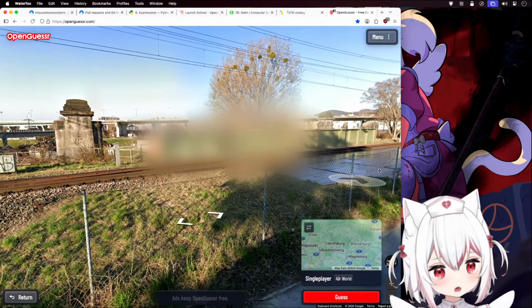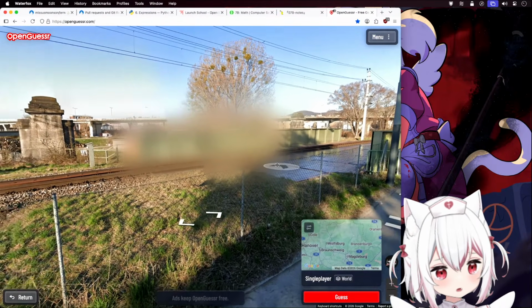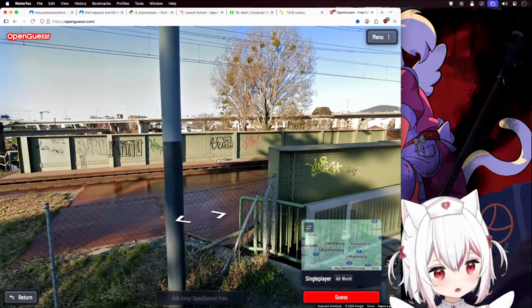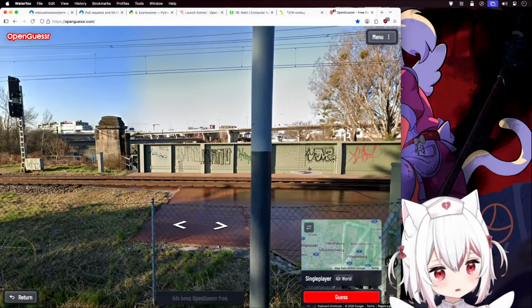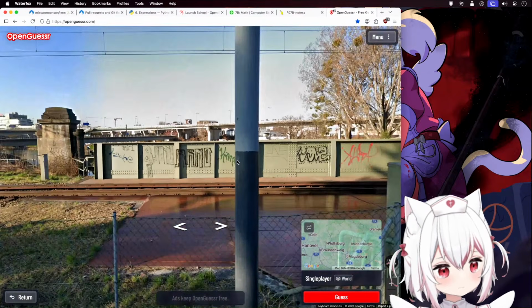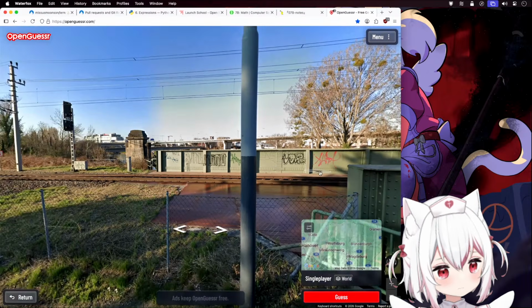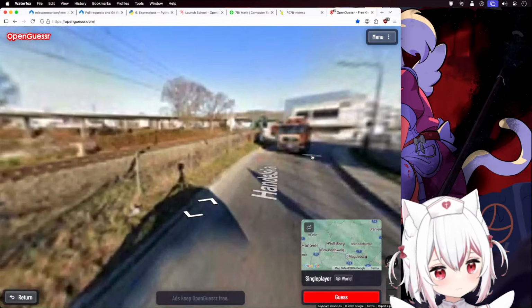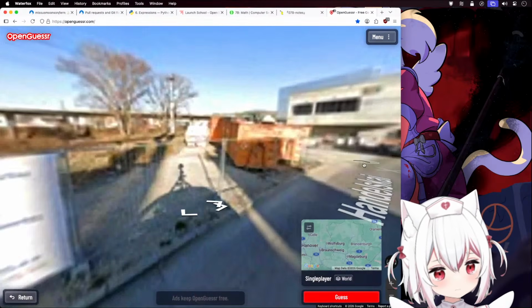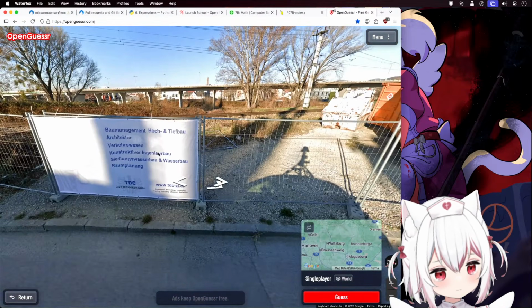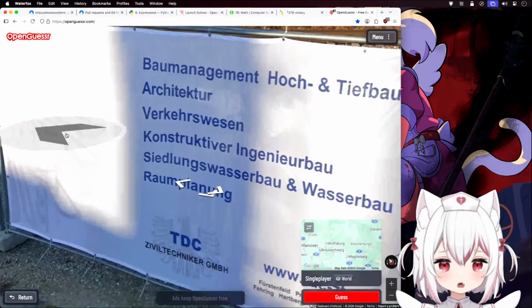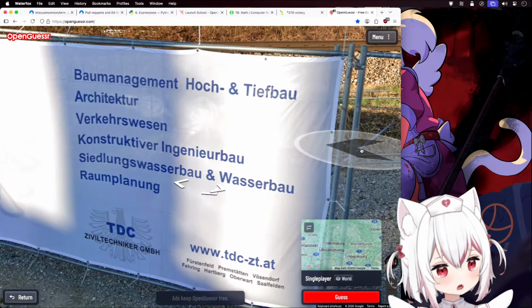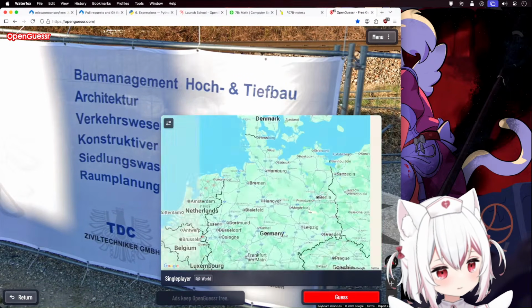What's censored over here? They got secrets? Or is it just graffiti? Oh, this is Austria. Shit. Shit. Okay, we're part of Austria.